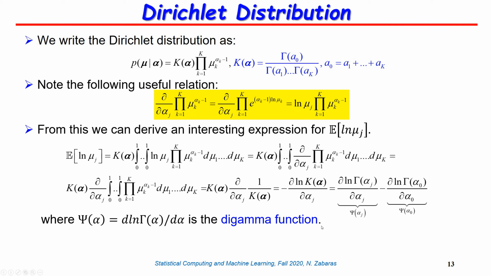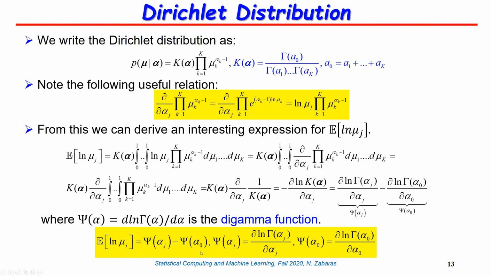So the calculation, you can write it in simple form as the expectation of log of mu j equals psi of Aj minus psi of A0, where these psi's are the derivatives with respect to the argument of the logs of gamma functions. And this calculation gives me the expectation of the log of mu j for j equal 1 to capital K. Right? So I can use this for any of my mu j's.